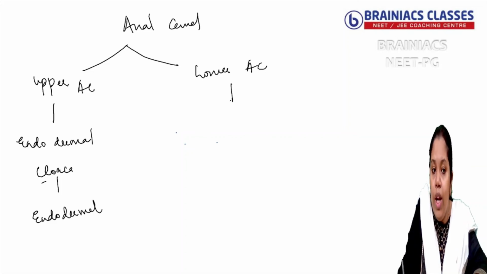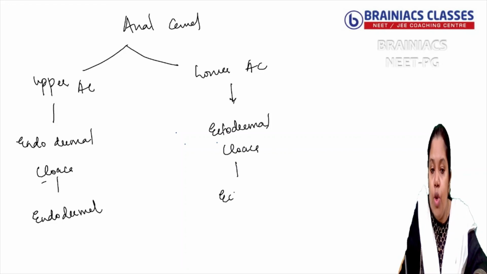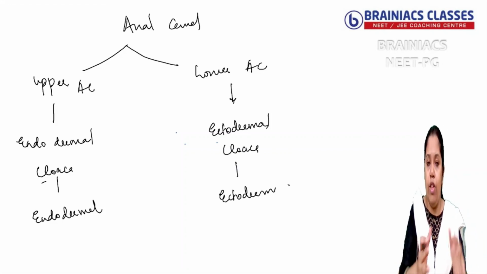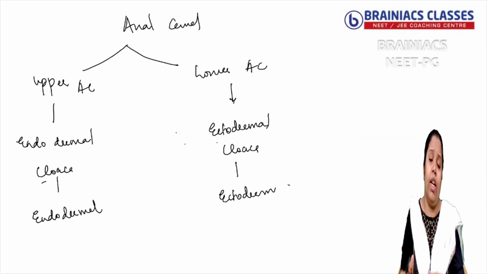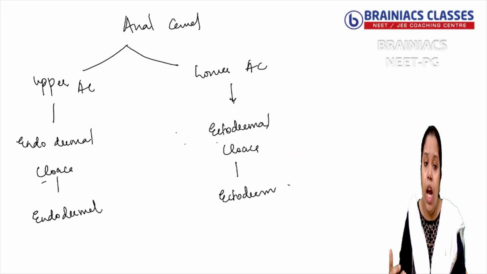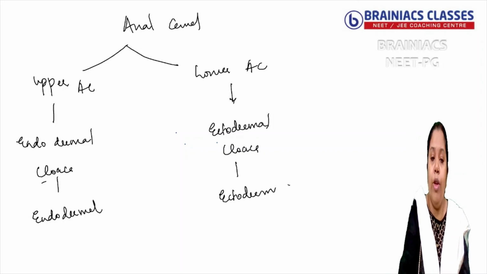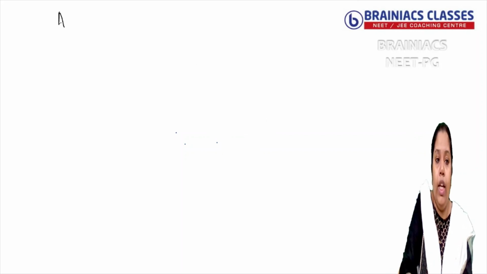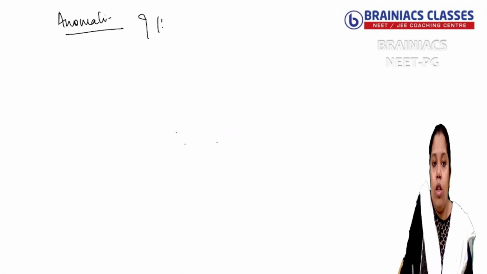Whereas the lower anal canal is formed from the ectodermal cloaca or proctoderm, which means it is an ectodermal derivative. Understand the development of the anal canal? The first half is developed from endoderm and the second half from ectoderm. Now coming to the anomalies of hindgut development.